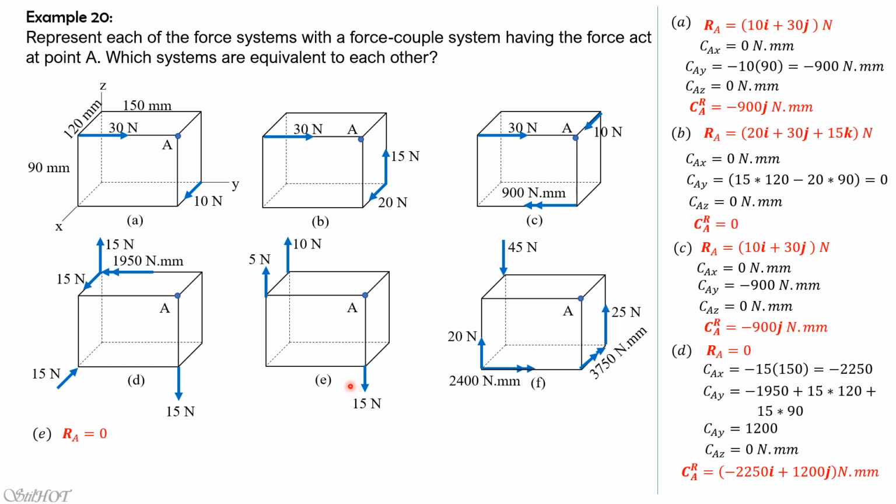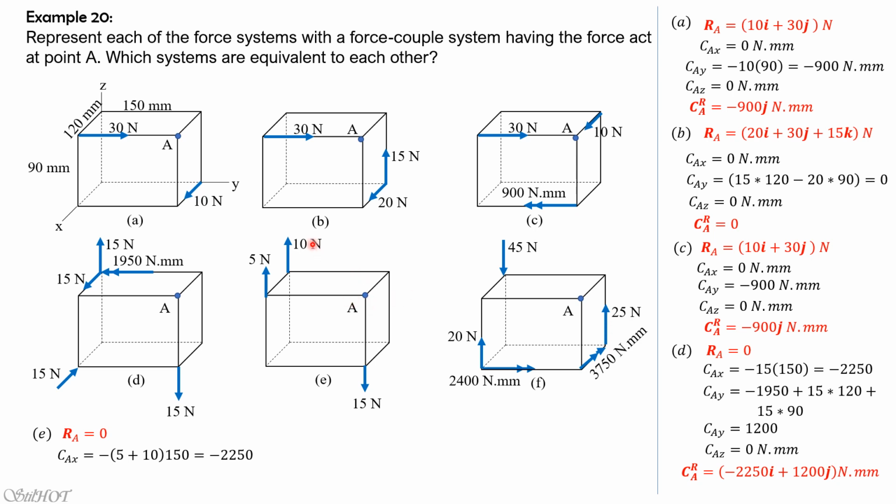Then for the moment about AX, or CAX, by the right thumb rule, this 10 and 5 Newton force will produce a negative moment about the AX axis. This 15 here passes through AX, so it's 0. So it's the negative quantity 5 plus 10. The moment arm is 150 for CAX. So it is negative 2250 Newton mm. For CAY, this is AY. This 5 Newton force passes through AY, so it's 0. This 15 Newton force here passes through AY, so it's 0.